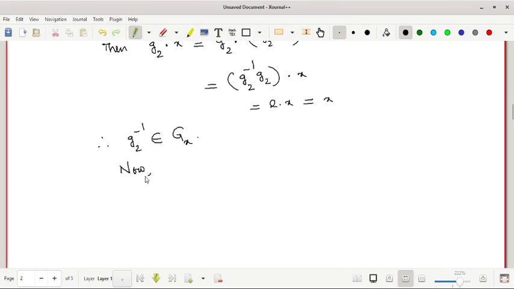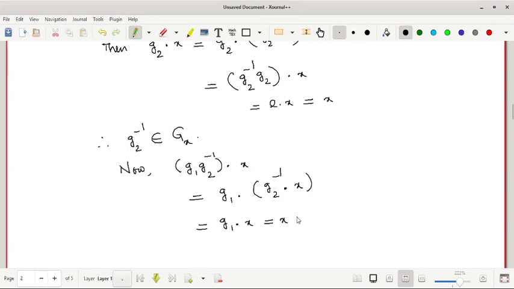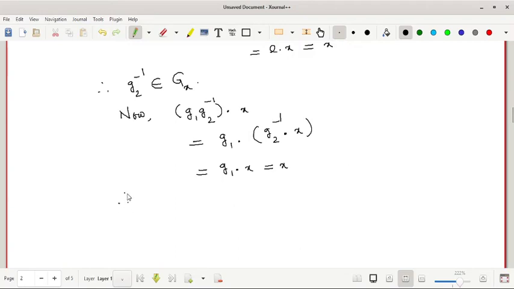Now, G1 G2 inverse acting on X is equal, by definition of action, to G1 acting on G2 inverse acting on X. But G2 inverse belongs to Gx, so G2 inverse dot X is nothing but X. So it is simply G1 dot X. But G1 dot X is nothing but X, because G1 belongs to Gx. Therefore, G1 G2 inverse belongs to Gx.